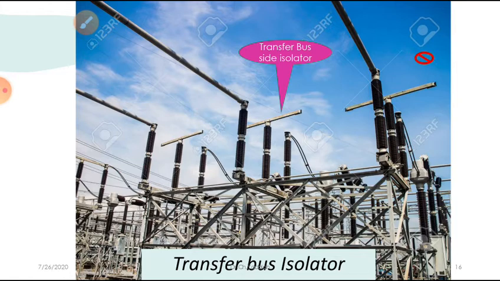Now let us see some videos of how the isolators are physically operated in the substation. Even after opening using our circuit breaker, after that we open the isolators under no load condition.